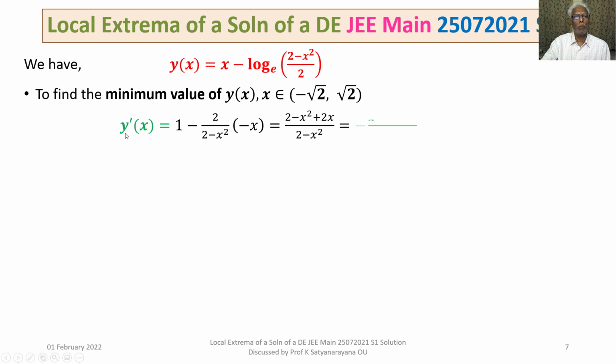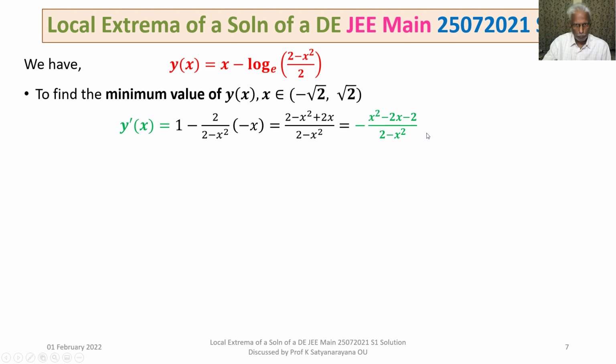So we compute y prime x is equal to 1 minus 1 by 2 minus x square by 2, that will be minus 2 by 2 minus x square, and 2 minus x square by 2 with respect to x is minus x, and take the LCM, we will get 2 minus x square plus 2x by 2 minus x square. Minus is taken out, we get the numerator x square minus 2x minus 2 by 2 minus x square.